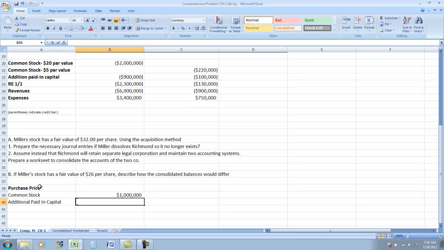This is the difference between the fair value and the book value of the common stock times the number of shares. We'll need an equal sign here.